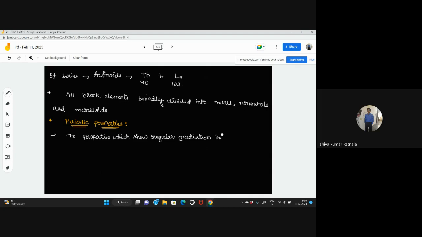Let me write: periodic properties show regular gradation in groups and periods. Let me finish this statement and after that I will write.